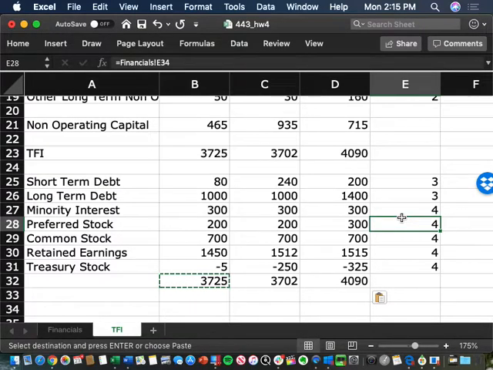Okay, yes. Yes, so it has to do with control. Under accounting rules, if you own something but don't control it, then it's a minority interest.